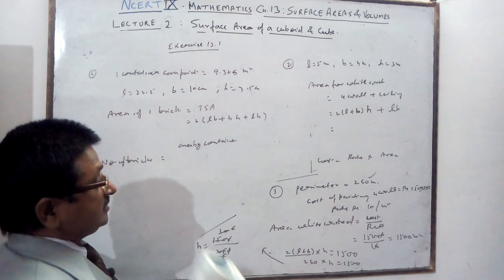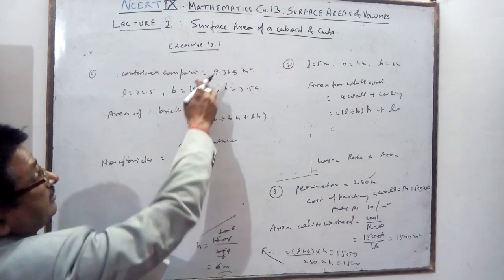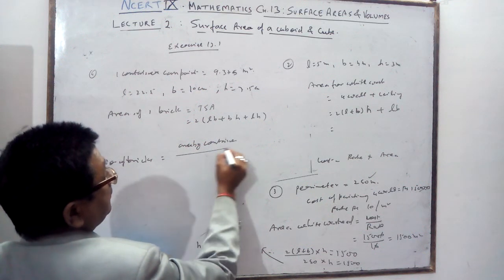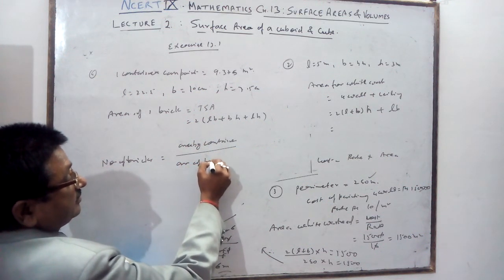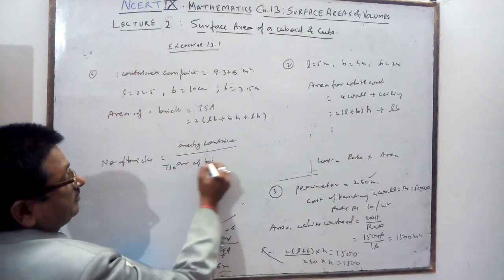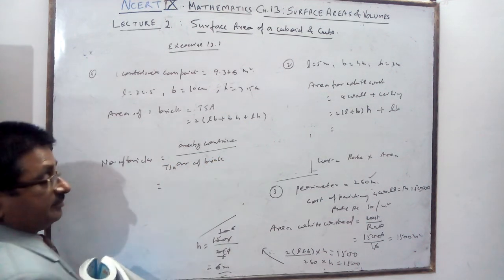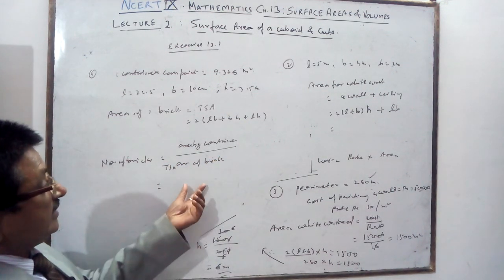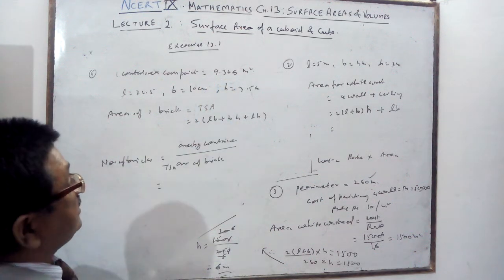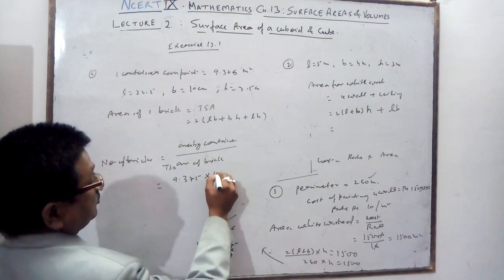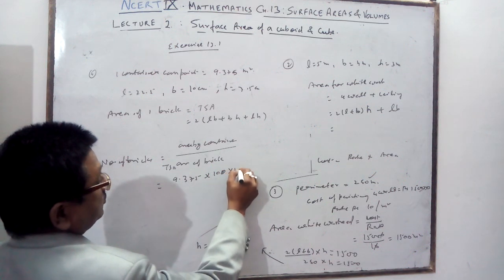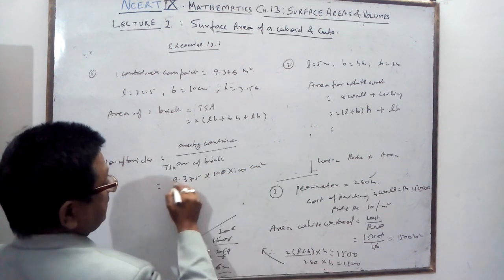How many bricks can be painted by this? Upon the TSA of one brick. One brick is painted, and its area is in centimeter square. So 9.375 into 100 is changed into centimeter square.